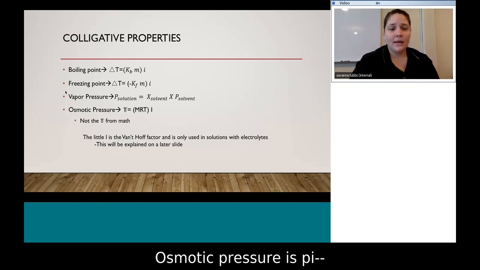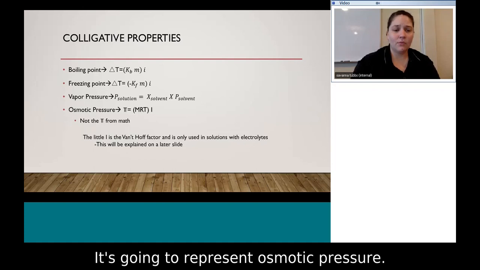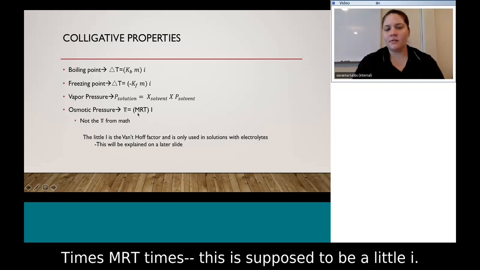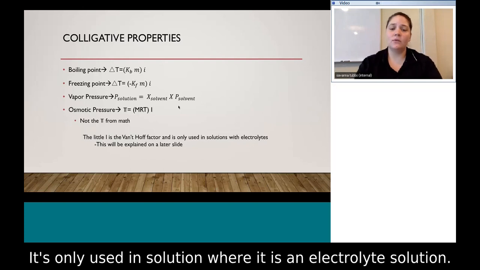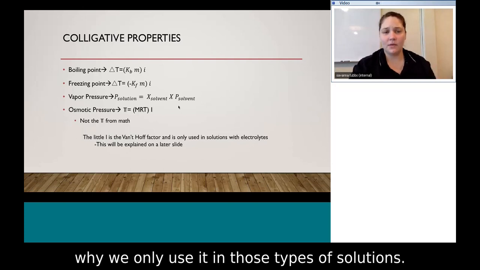Osmotic pressure is pi, which is not the pi from math, it's not the 3.14. It represents osmotic pressure, times M R T times, this is supposed to be a little i. The little i is the Van't Hoff factor. It's only used in a solution where it is an electrolyte solution. This will be explained a little bit later, why we only use it in those types of solutions.